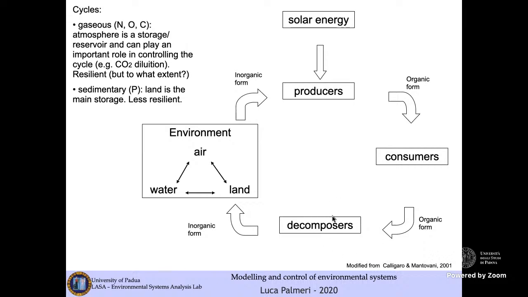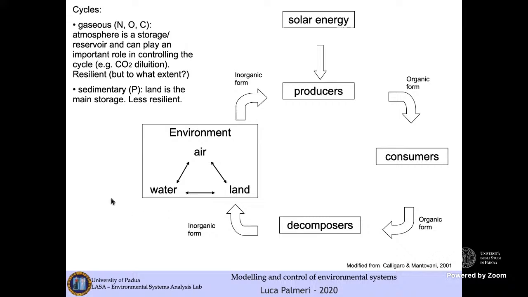Wastes in organic form are treated by decomposers, so bacteria, that convert this organic form into inorganic forms, and it is the inorganic forms that can cycle essentially through the different geospheres, from the atmosphere to lithosphere and to the hydrosphere.